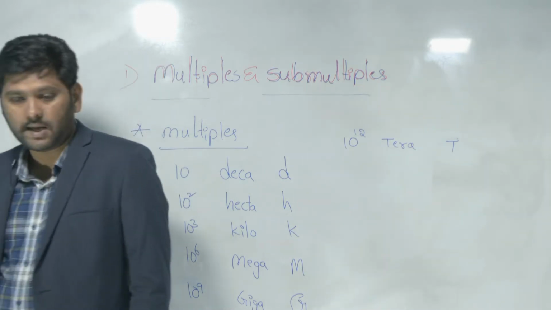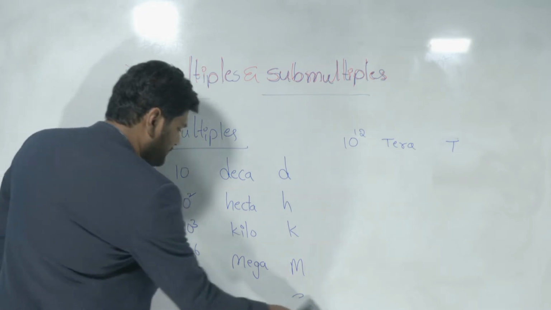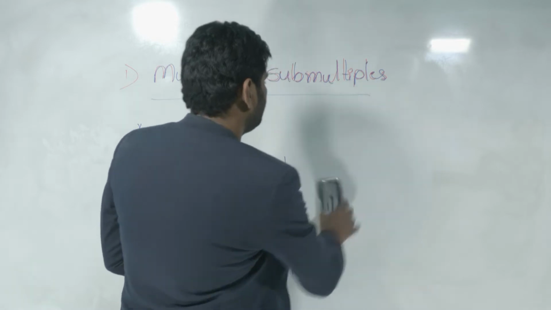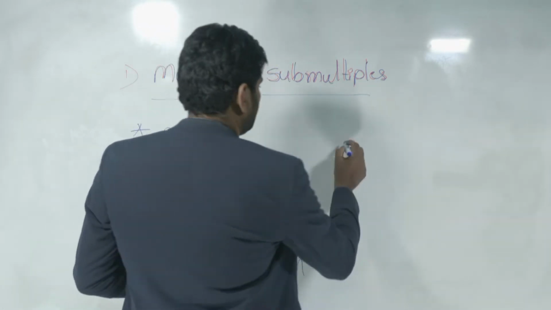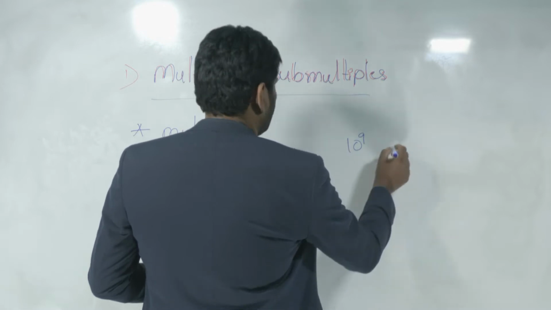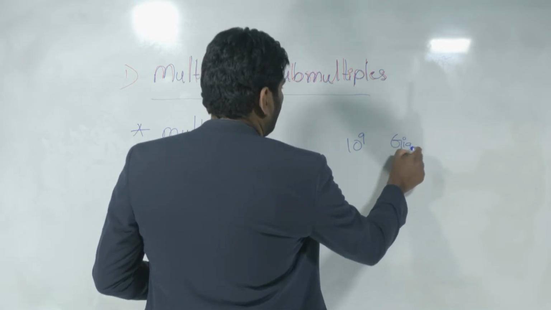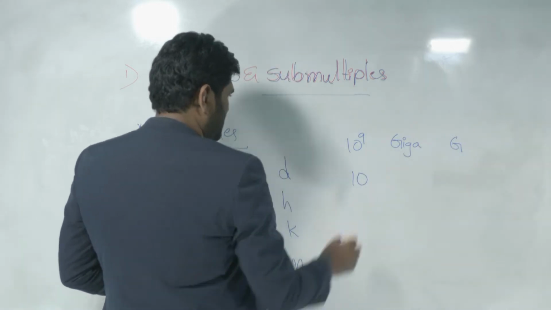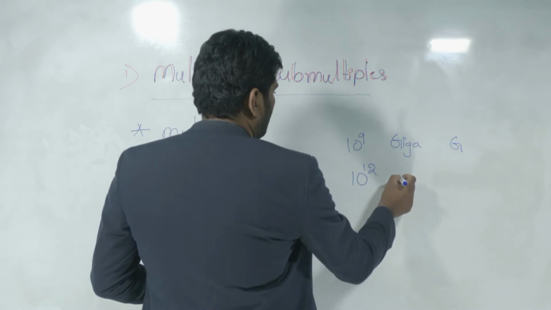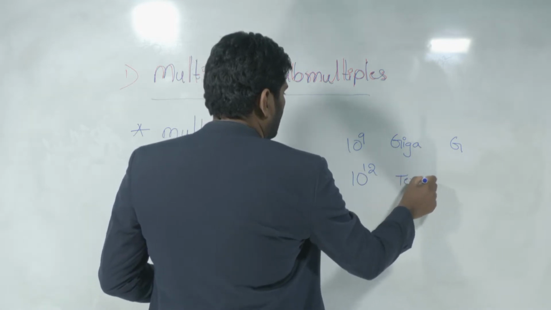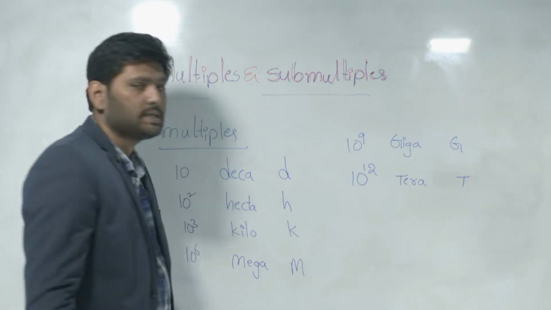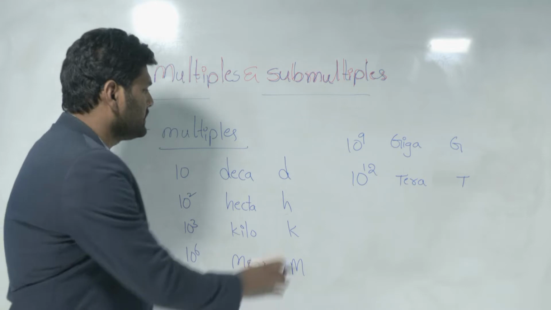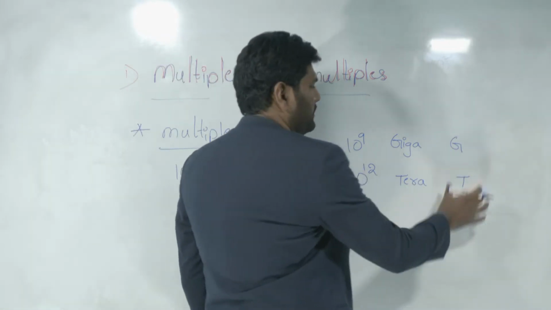I think this is not visible to you, so let me write it here. 10 power 9 is called giga, represented with the letter G. 10 power 12 is called tera, represented with T. So these are the multiples of 10, with the names and symbols of these multiples.